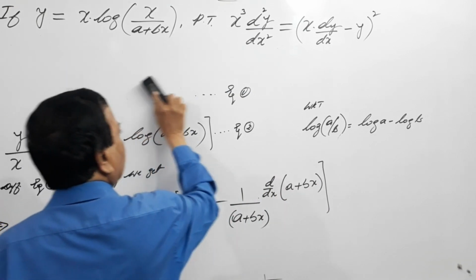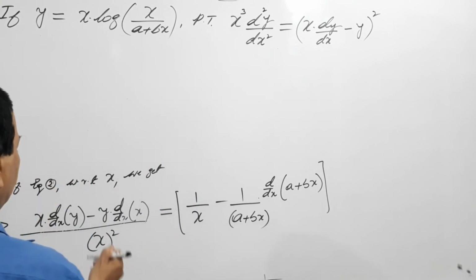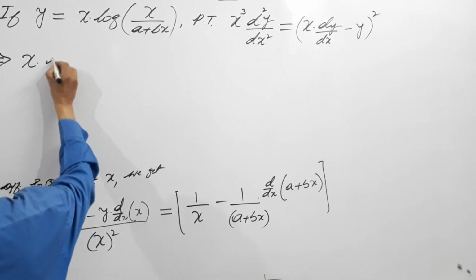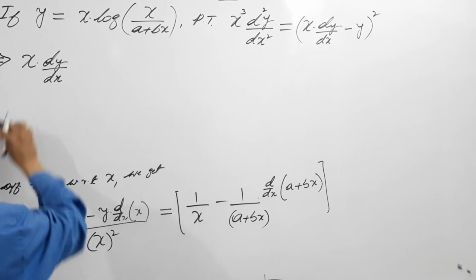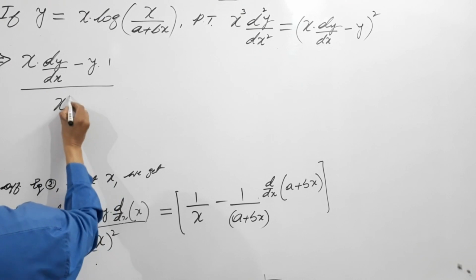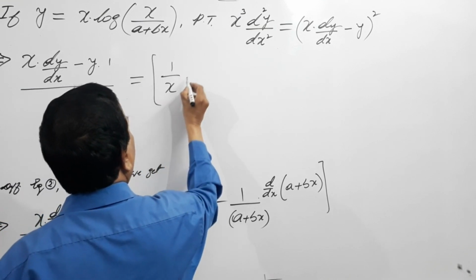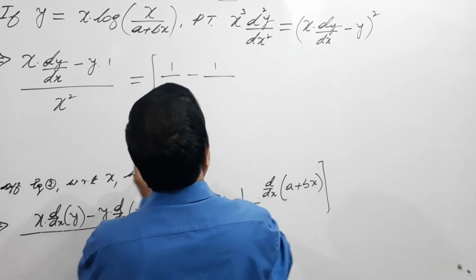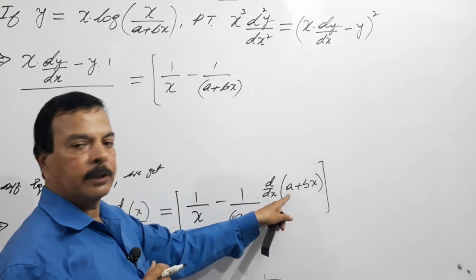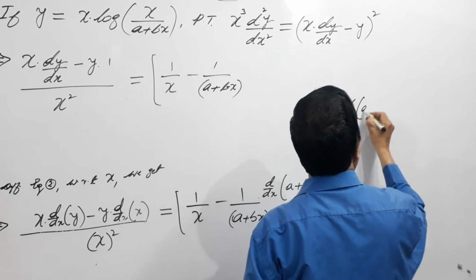This is x into dy by dx minus y into 1 by x squared, we have this x squared denominator, equals 1 by x minus 1 by a plus bx into d by dx of a plus bx.